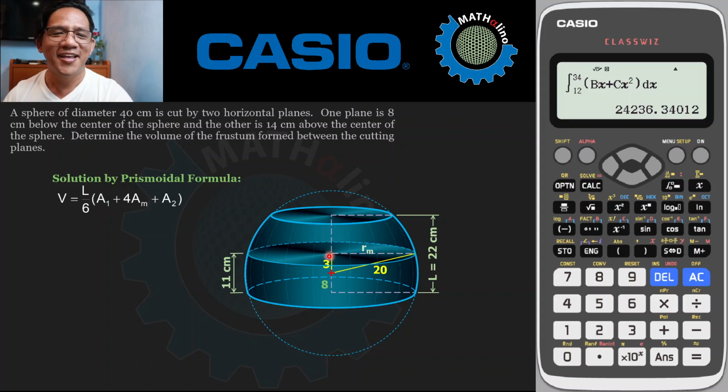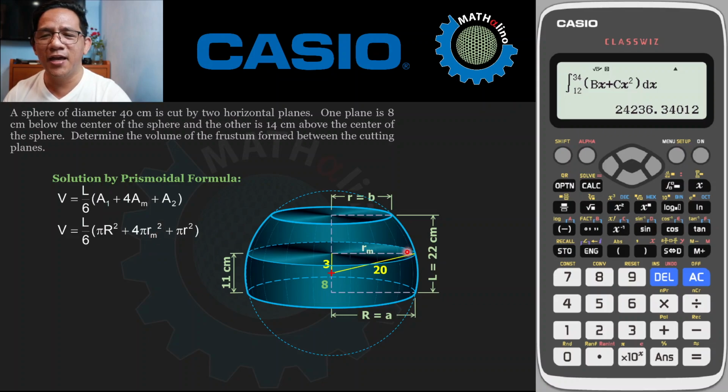Okay? So if we call the radius here capital R, and the radius here small letter r, therefore our formula will become L over 6 times pi R squared, that is the lower base, plus 4 pi Rm squared, that is for the midsection, plus pi r squared, the upper base.